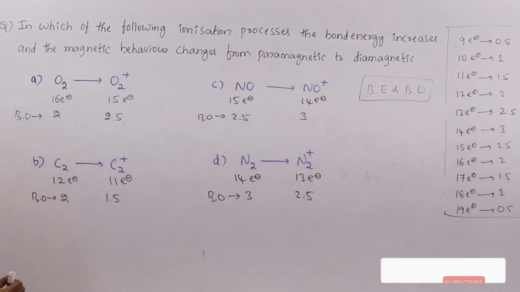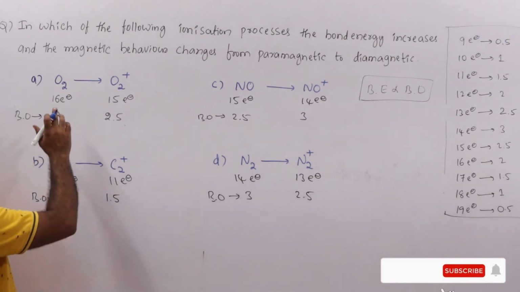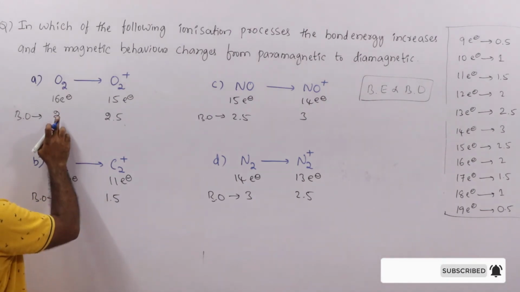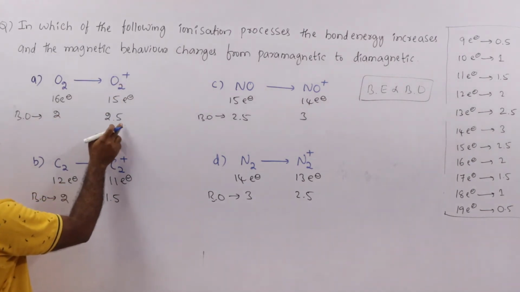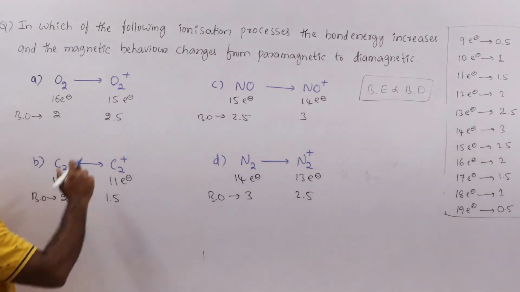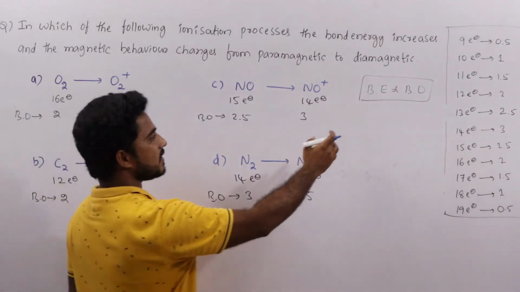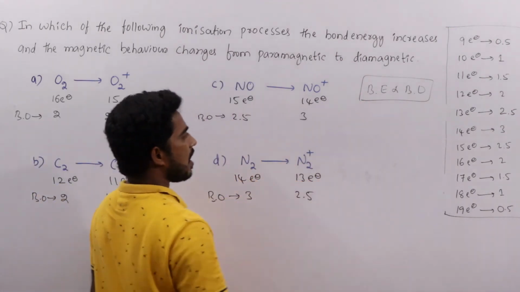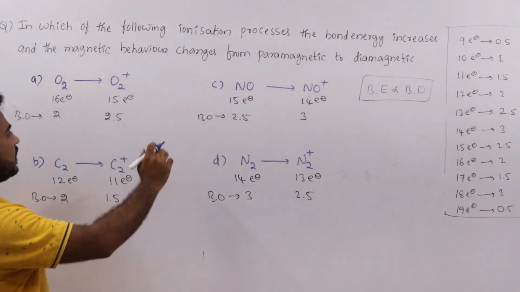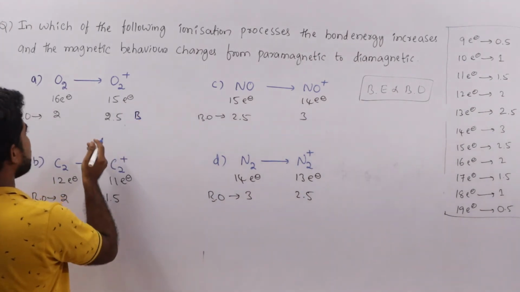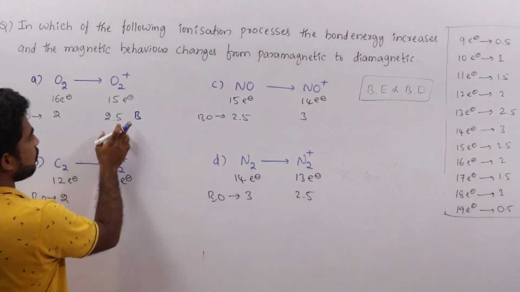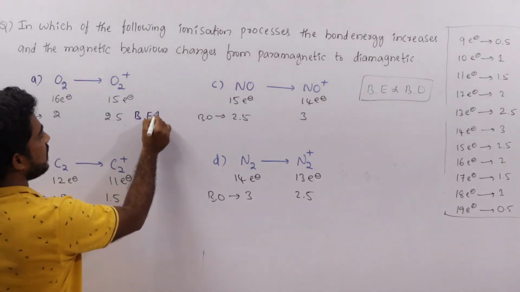Here you see in the first option, the bond order for O2 to O2 plus goes to 2.5. The bond order increased. When bond order increases, bond energy also increases. That's why in the process from O2 to O2 plus, bond energy increases.